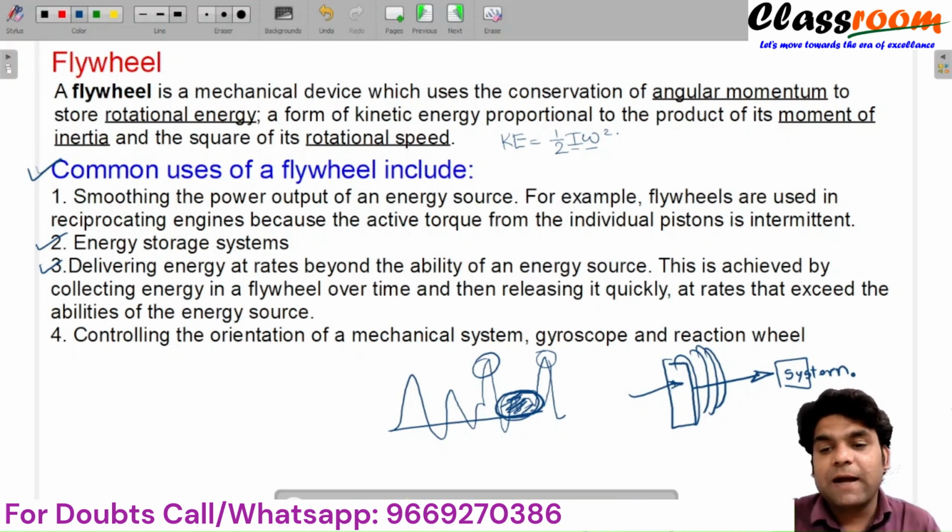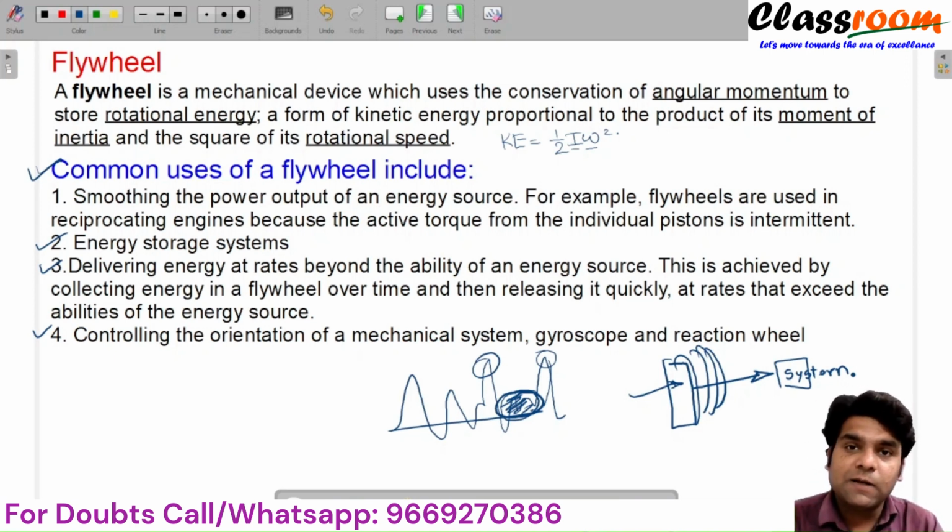So suddenly the system gets a certain amount of energy which it requires, and which cannot be supplied directly from the source.